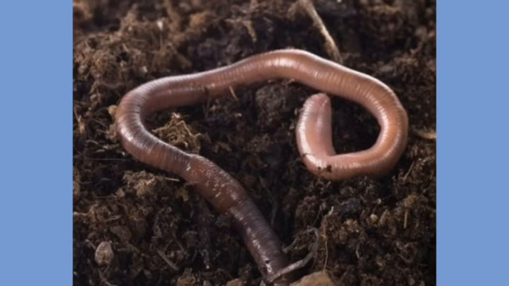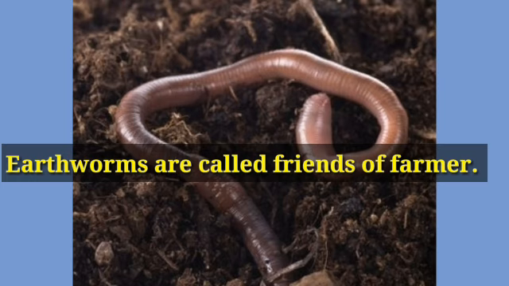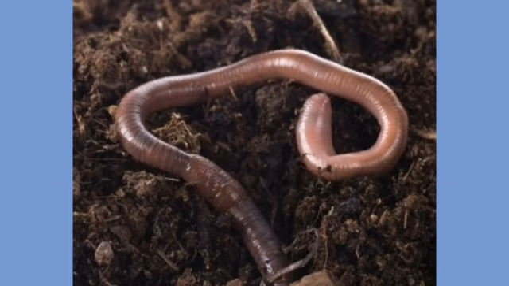Now the earthworm is called a friend of the farmer. Earthworms are called friends of the farmer because they live in the soil, and when they come up through the soil, they turn up the soil by letting air into it. When they come above the soil, the air comes inside the soil, and they eat the soil and excrete it also, and that excreta is very fertile.